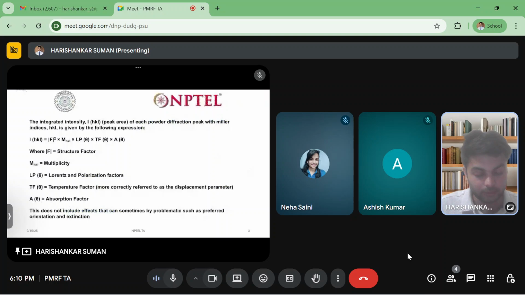Okay, so we will discuss the question on that, but let's see the integrated intensity for HKL. The intensity, the peak area of the powder diffraction peak with the indices HKL, is given by the following expression.